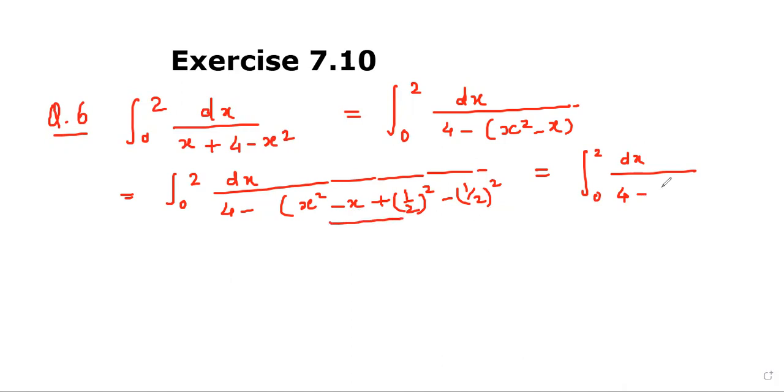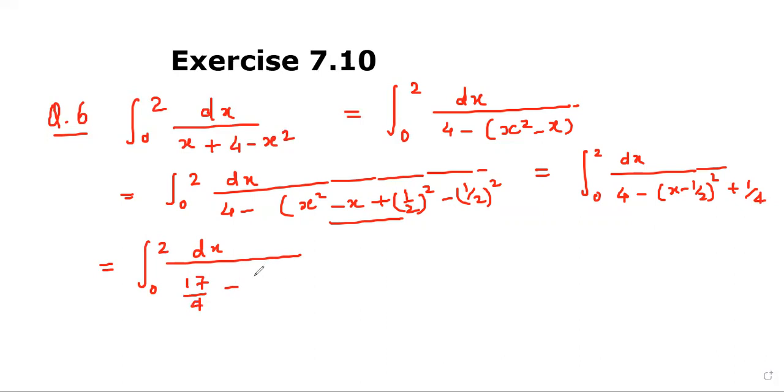These three terms will become x minus half whole square, and because of this minus sign, this will become plus 1 by 4. So we write it further, integration 0 to 2 dx divided by 4 plus 1 by 4, which will become 17 by 4 minus x minus half whole square.